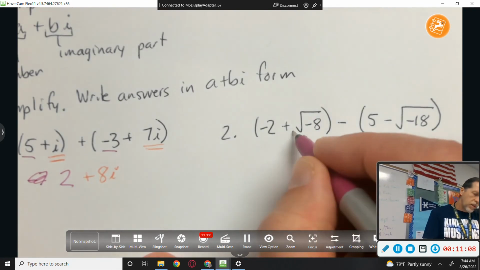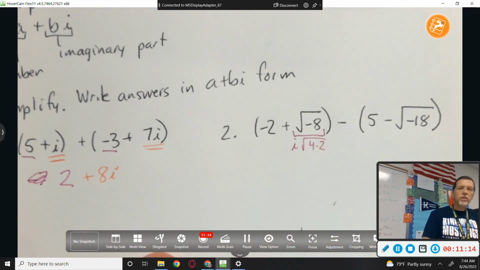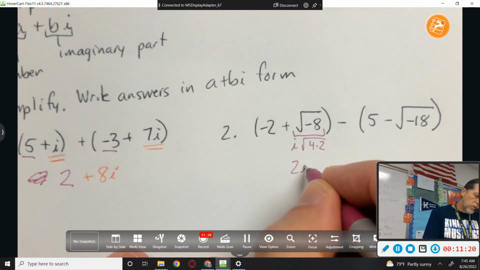So, square root of -8. An i comes out, then it's 4 times 2. So all of that is 2i square root of 2.